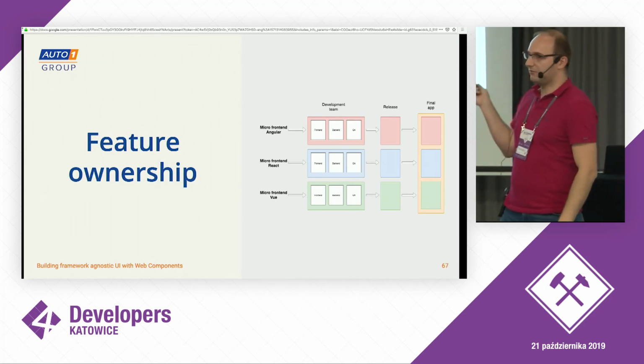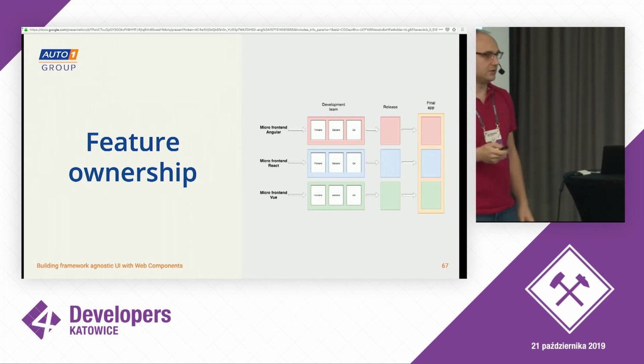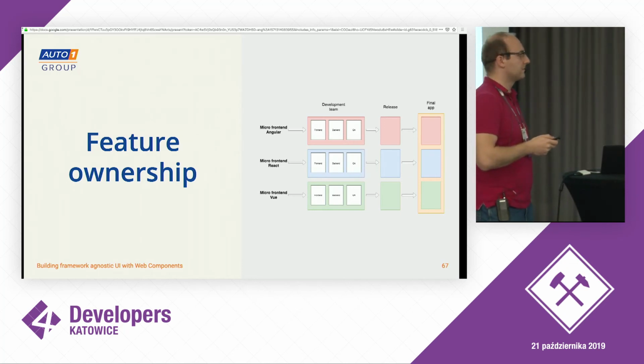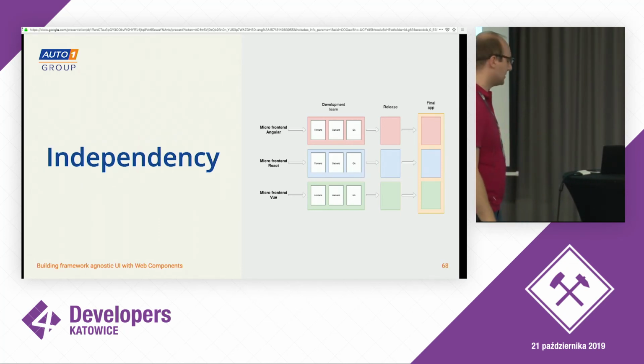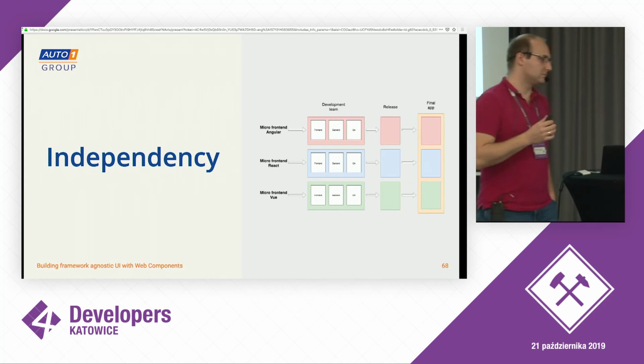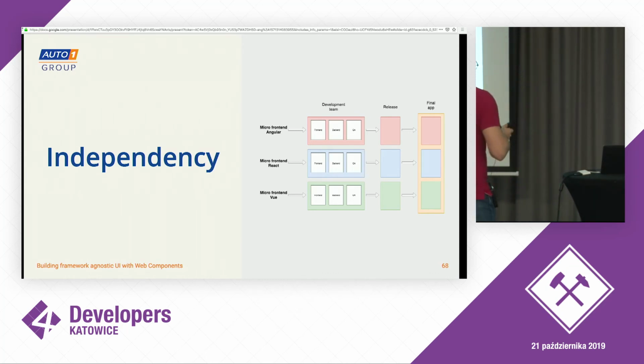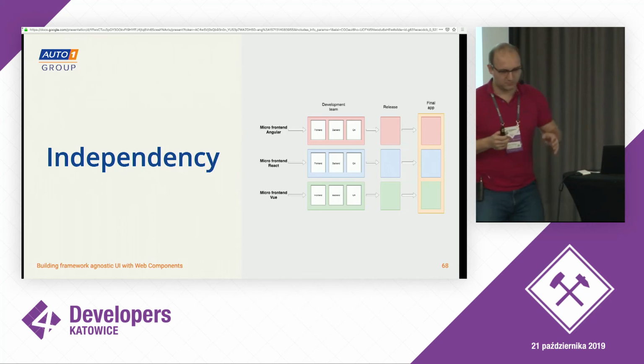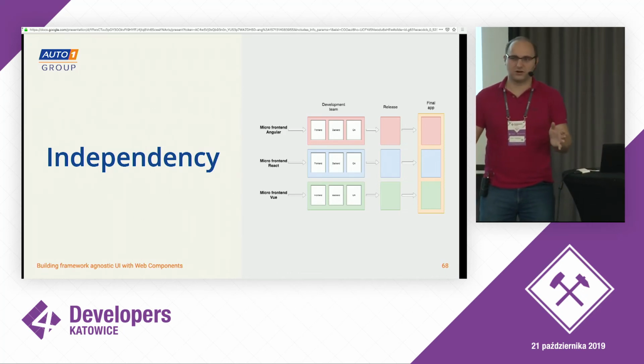So here we have the feature ownership. Each team knows what to do. And we have the independence, which is really important in the case of building teams, because I met many times that developers love to argue about the technologies, right?